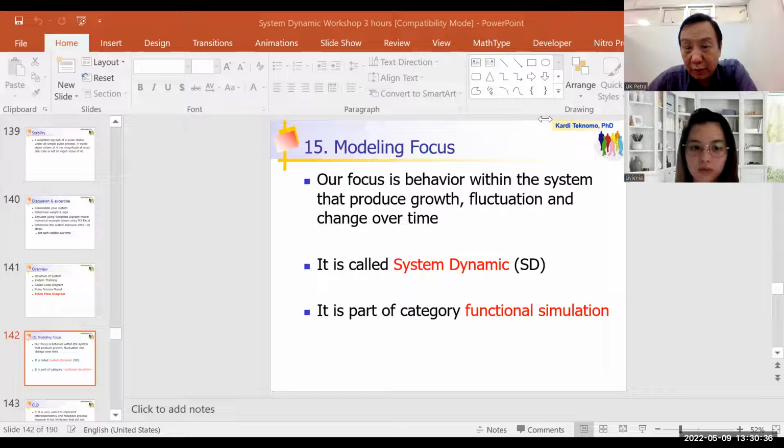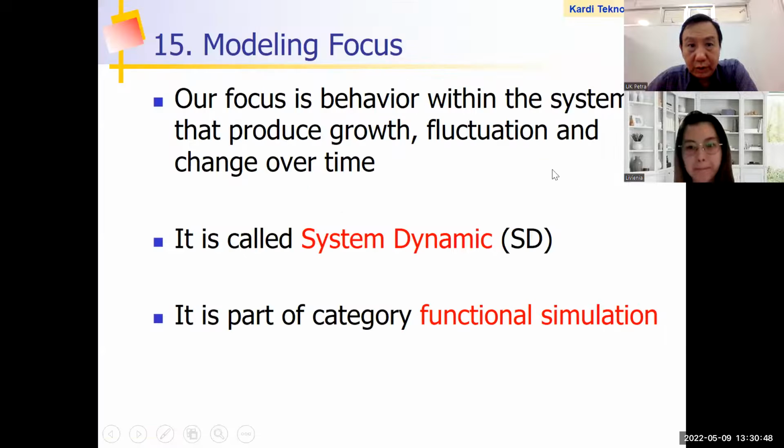This is the one that actually makes the several software dedicated for this purpose. Our focus is the behavior in the system, right? That growth, fluctuate, and change over time, right? System dynamic. This is basically difference equation, which is also called functional simulation.